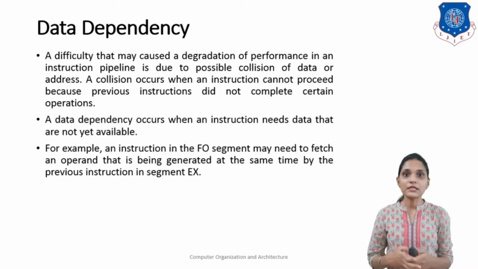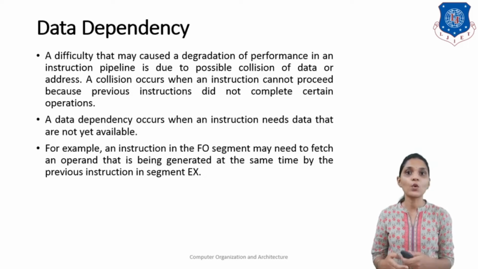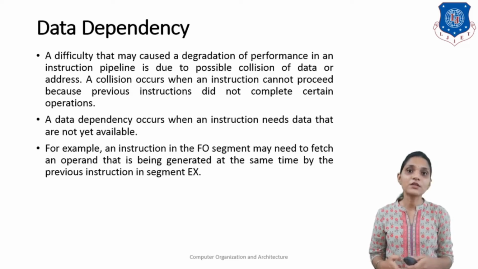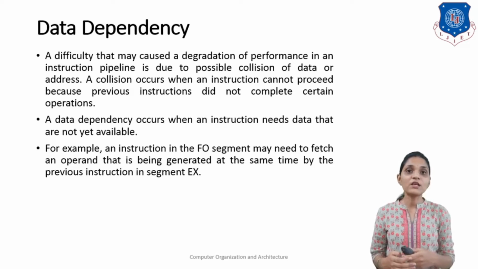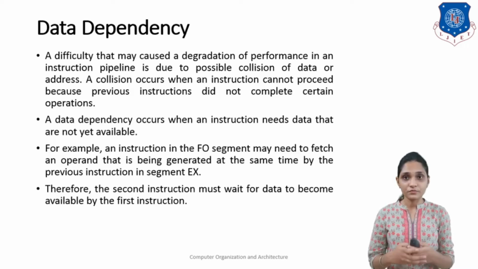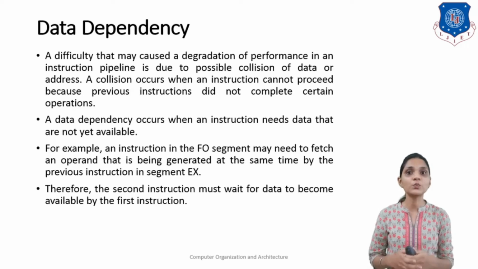For example, the instruction in the FO segment may need to fetch an operand that is being generated at the same time by the previous instruction that is in segment EX. That means if the previous instruction is not executed, then you can't fetch the operand in this instruction. Therefore, the second instruction must wait for the data to become available from the first instruction.